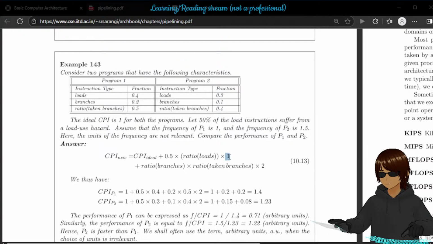So there's a clock cycle penalty of 1 here and a clock cycle penalty of 2 over here. This program has 0.2 branches, so 20% of this program is just branches. And if they're taken, then it's 0.5, right? The penalty will only happen if the branches are taken, right?